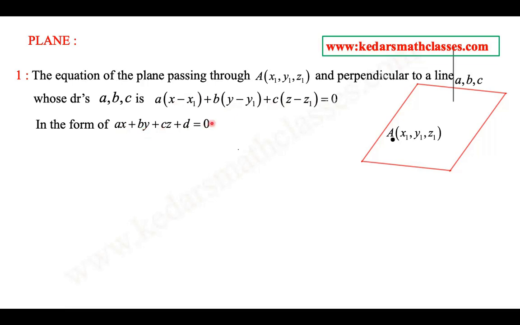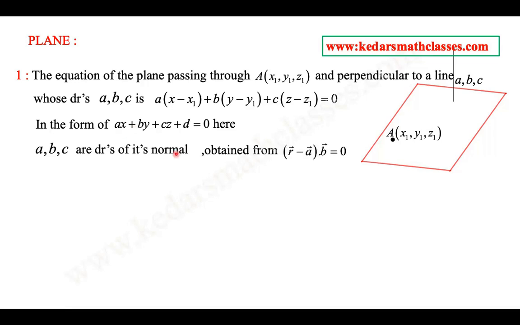This is the most general equation of a plane, that is ax plus by plus cz plus d is equal to 0. And in this one, the xyz coefficients a, b, c represent direction ratios of a normal to that plane. Always, students, you remember this, the xyz coefficients represent direction ratios of a normal to that plane.